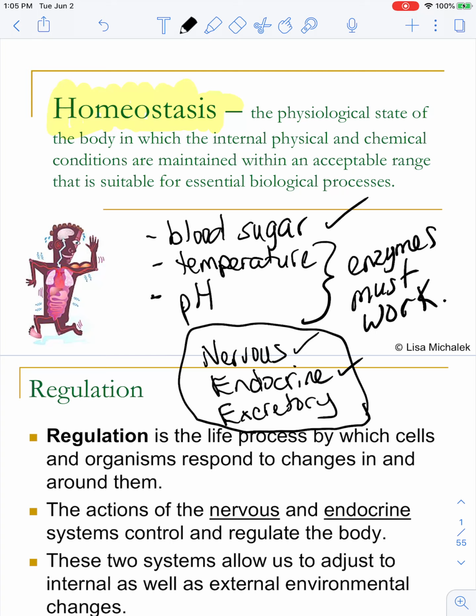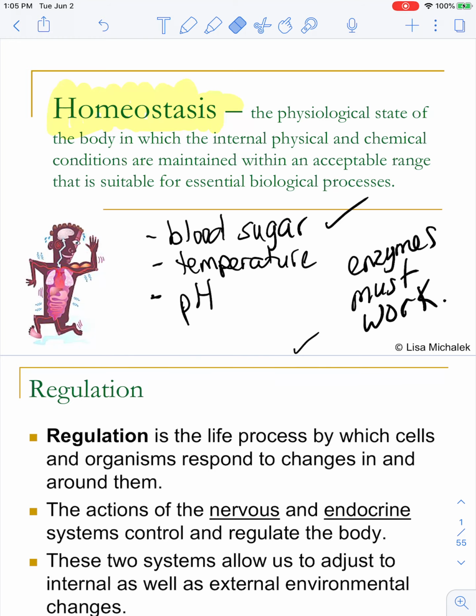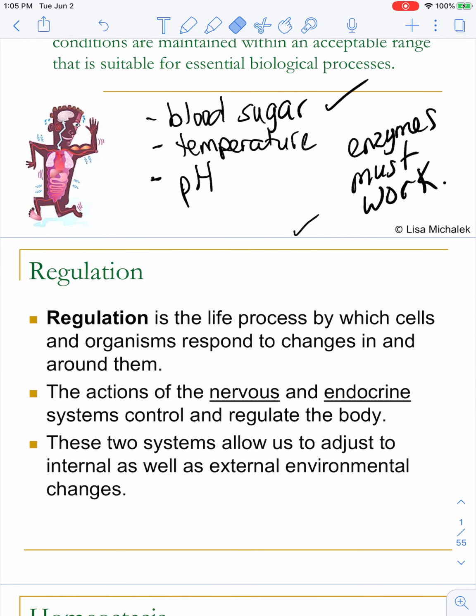So we're going to start with what is regulation. That's the process by which cells and organisms respond to changes in and around them, mainly controlled by the nervous and endocrine systems, and they allow us to adjust to internal as well as external environmental changes.